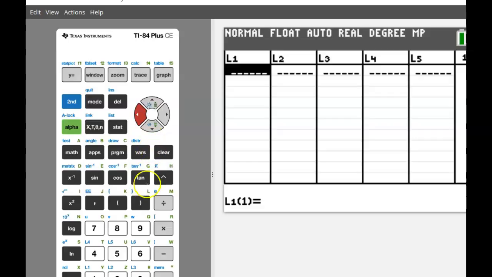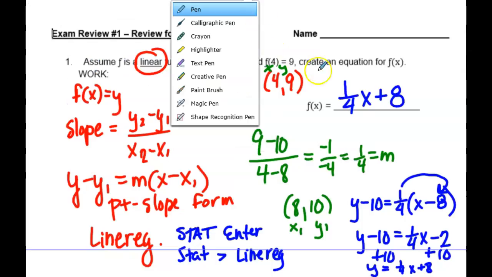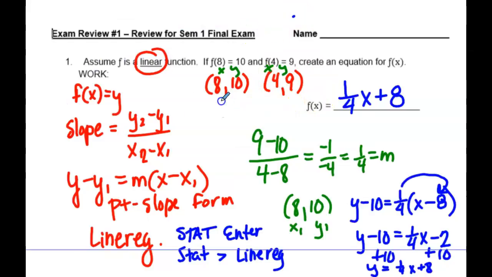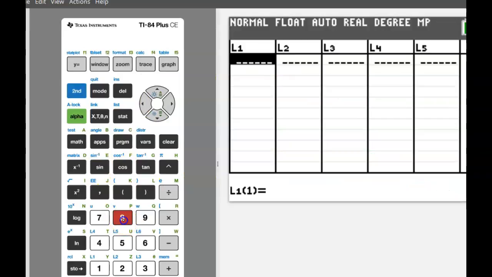Can anybody tell me the ordered pairs? I already forgot. Eight, 10, and 4, 9. Okay. So 8 was an x value, and then 4 was the other x value. Is that right, guys? And the corresponding y's were 10 and 9.